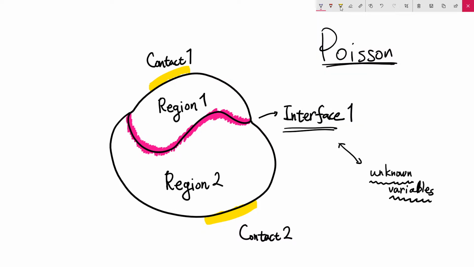I wanted to introduce a certain discretization of this structure.